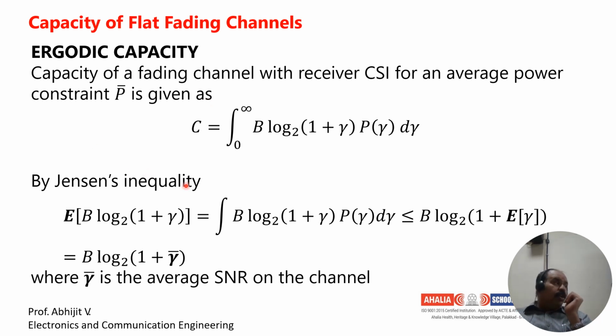C is equal to the integral from 0 to infinity of B log to the base 2 of 1 plus sigma, times the probability distribution of sigma, d sigma, where sigma is the signal to noise ratio of the channel.